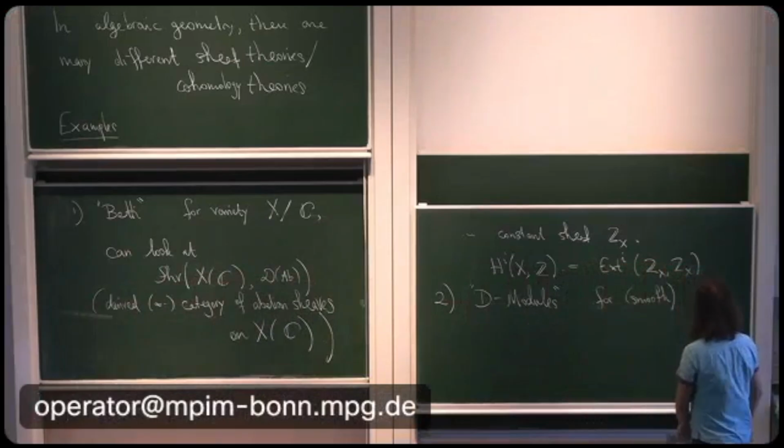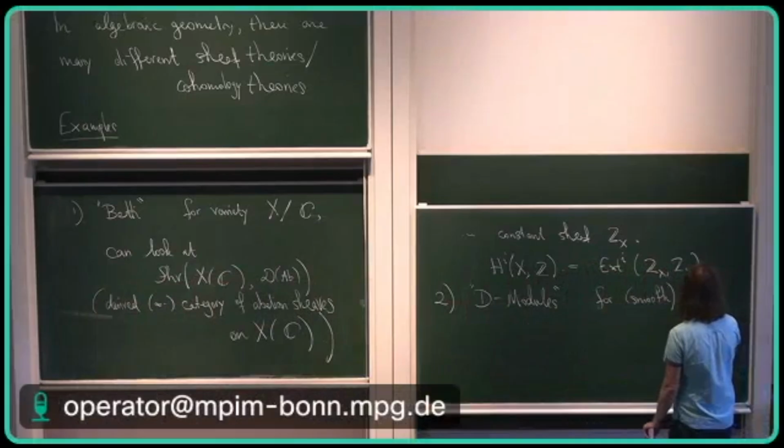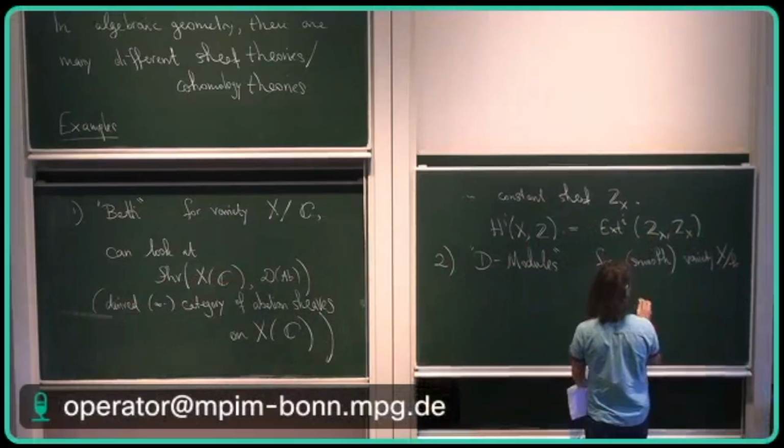For simplicity, take a smooth variety X over k, where k is a field of characteristic 0.